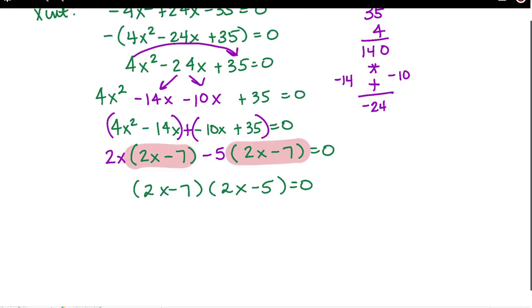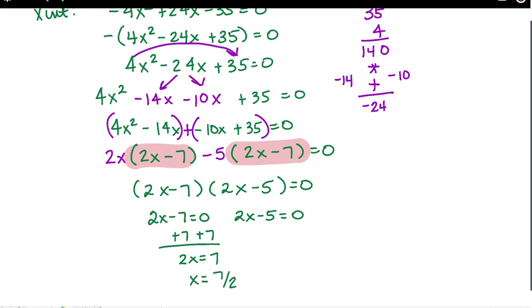And we're doing all this to get the x-intercepts. So we're going to set each factor equal to 0, and for this first one, we get 2x equals 7, so x equals 7 halves, or 3.5. And on this one, we get 2x equals 5, so x equals 5 halves, or 2.5.